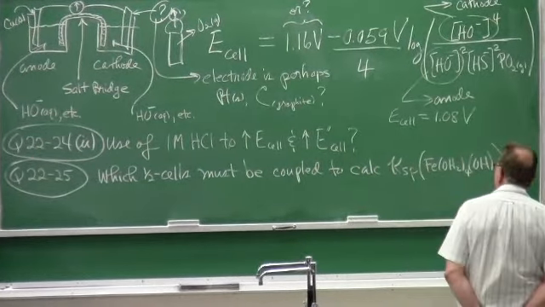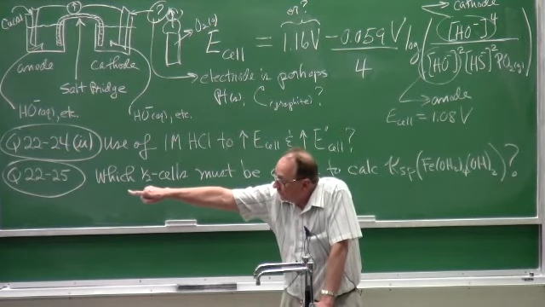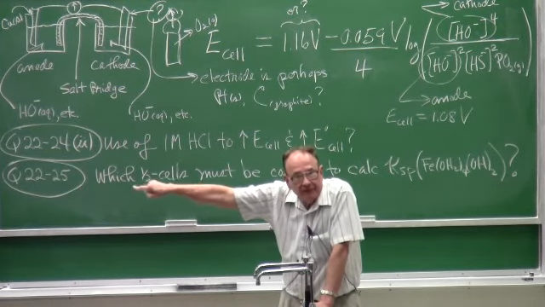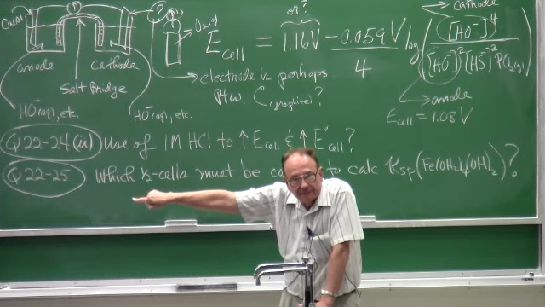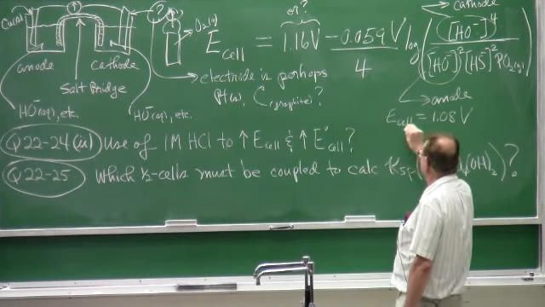Now remember what I said. If you use the plus 1.23 voltage value and get a different E0 cell, when you calculate E cell, you'll still get this number if you do the arithmetic properly.